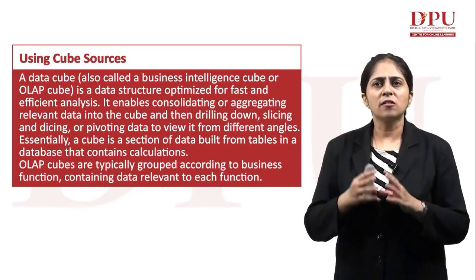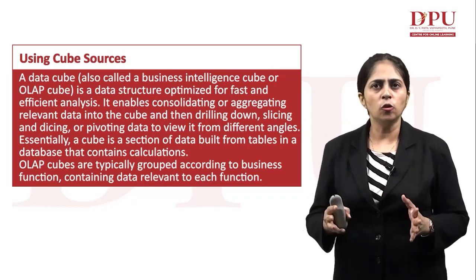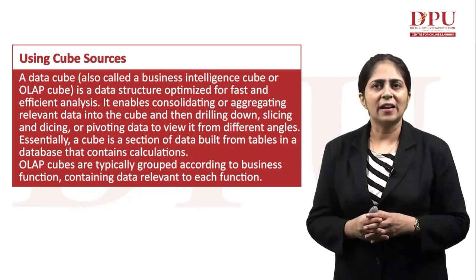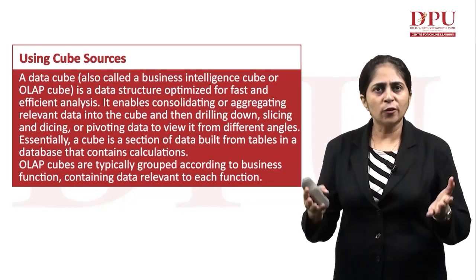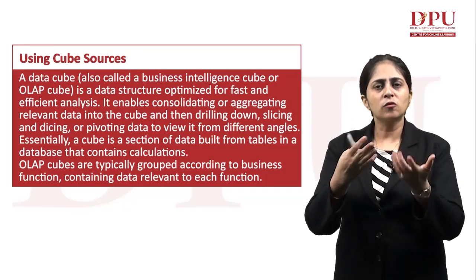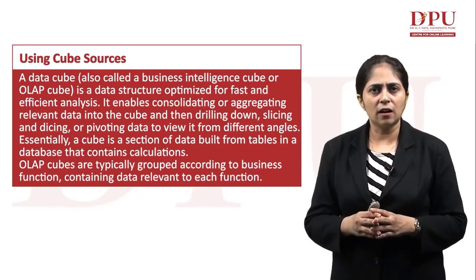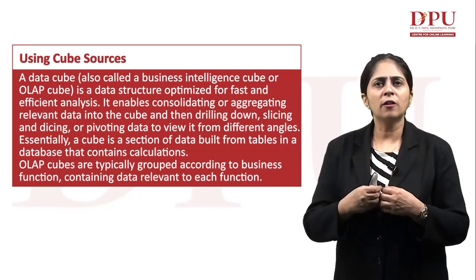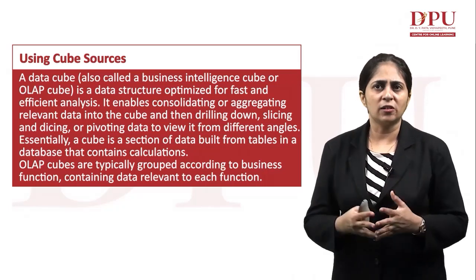It enables consolidating or aggregating the relevant data into a cube and then drilling down or slicing or dicing. So basically a data cube is a kind of data source. We are going to store our data, and if it is stored in the form of a data cube, it will become easy for us to analyze the data in a quick way, in an efficient way.